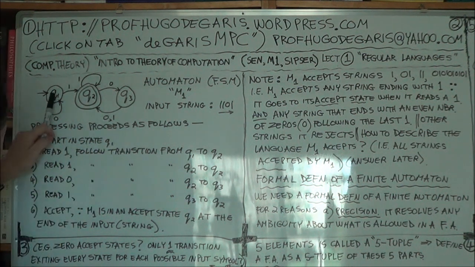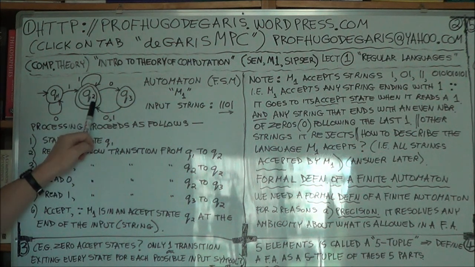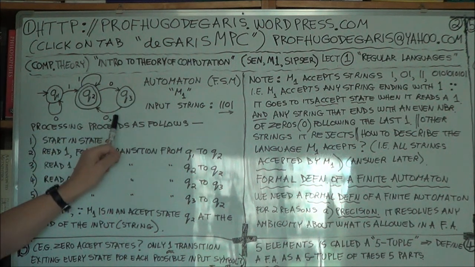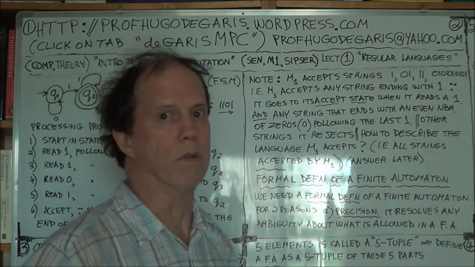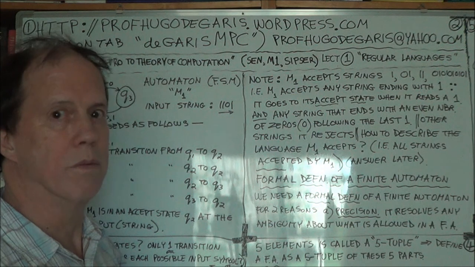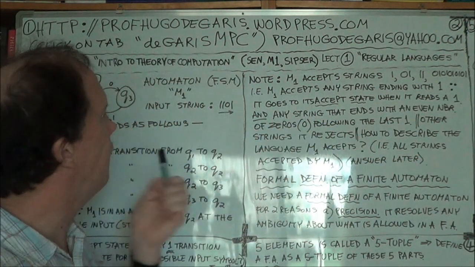Let's say it's here and it reads a 1, it goes here. If it's in Q2 and it reads a 1, it stays there. And if it's in Q3 and it reads a 1, it goes to Q2. So if your last symbol is a 1, you end up in Q2. The final state is Q2. So M1 accepts any string ending with a 1.